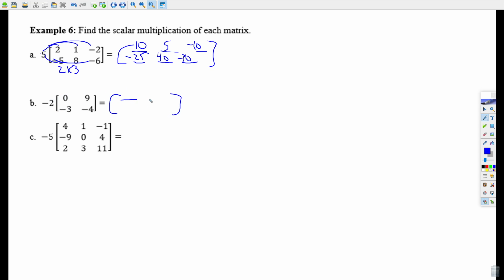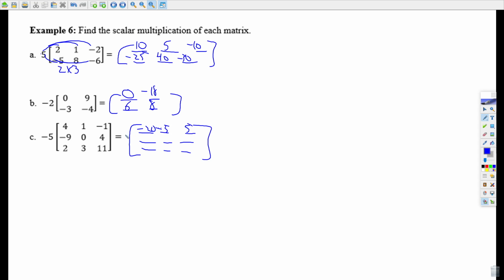Multiply by a -2. And the last one, you're going to multiply by a -5. So I'm just going to go ahead and fill them in. Make sure you get the same thing. -20, -5.